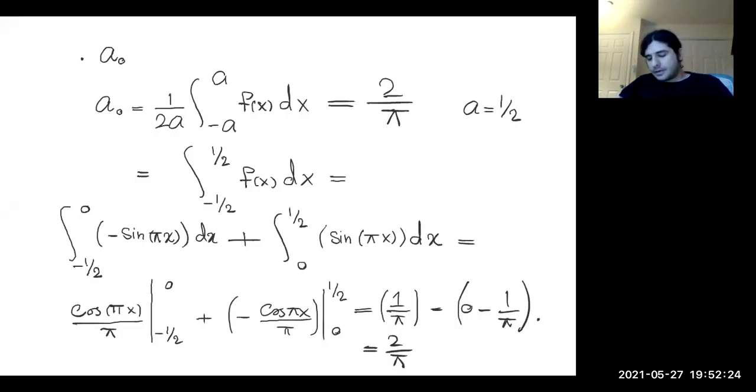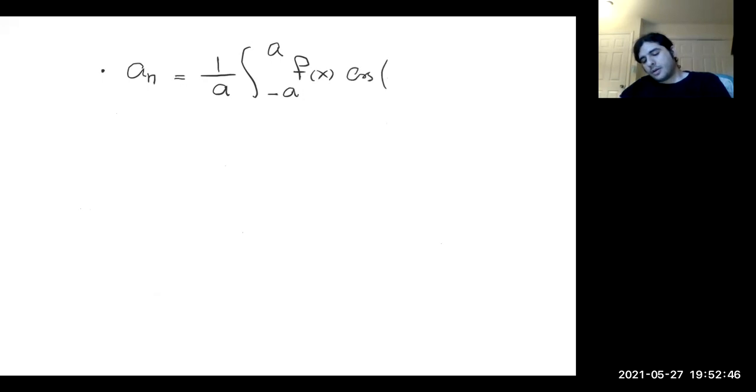Okay, so that's the constant term. The next step would be to compute a_n, right? a_n is equal to 1 over a integral from minus a to a of f(x) cosine of n pi over a x dx.